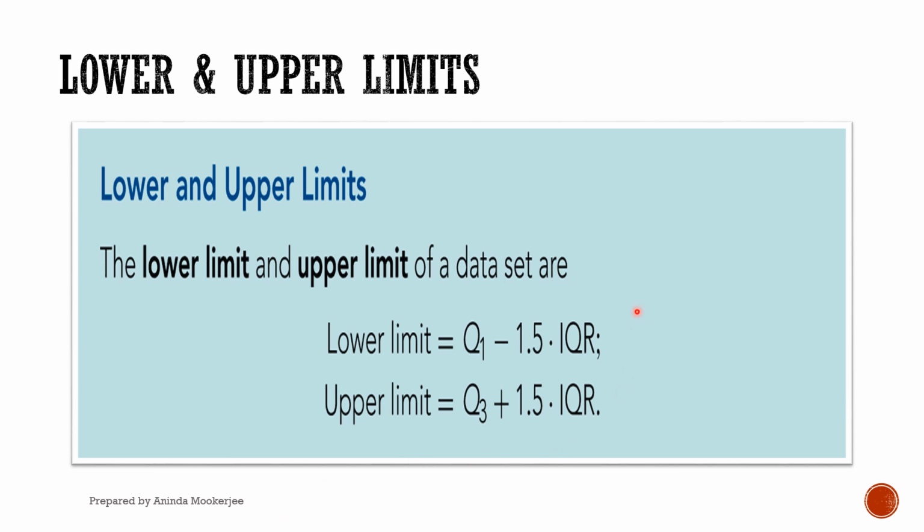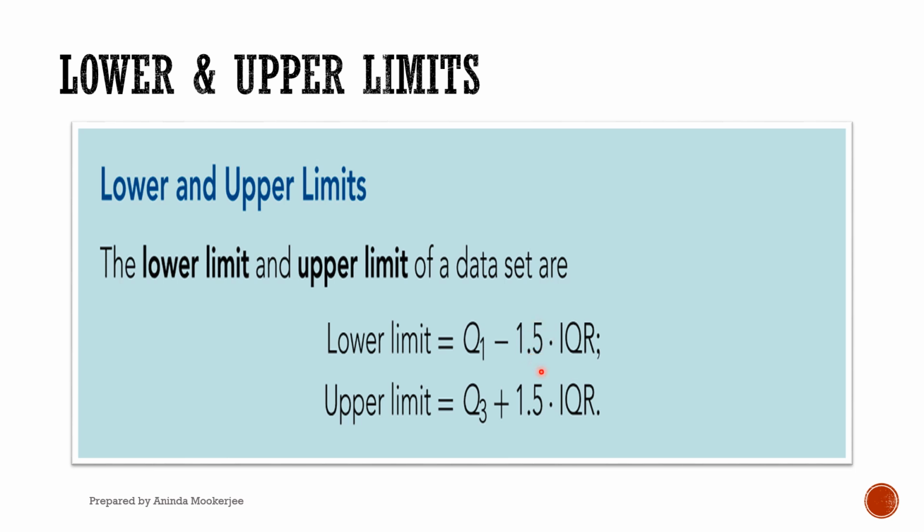Now, once we have the interquartile range calculated, we can use that value to find out what the lower limit of the data set would be and what the upper limit of the data set would be. The formula for the lower limit is Q1, that means quartile 1, minus 1.5. Now 1.5 is a constant value, it won't change, all right?